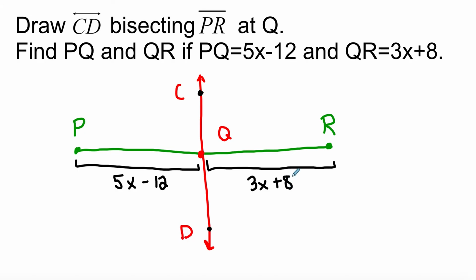So how are we going to solve this? Well, we need to find x first, and the way that we're going to do that is because Q is a midpoint, because this line bisects PR, we know that it makes two congruent segments.